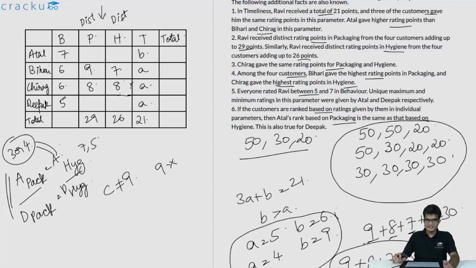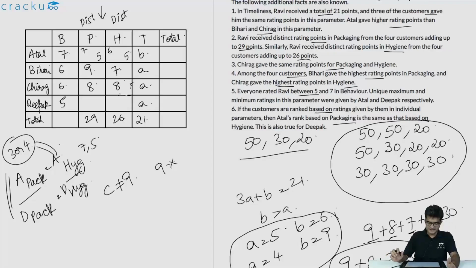Now this would tell us that the rank of Atal, if it is say 3 in packaging, it would imply that he got 7 in packaging, and therefore his rank in hygiene also is 3. So it has to be 6. This is one scenario. Or his rank in hygiene and packaging is 4. This would imply that he got 5 in both of them. These are the two cases that are possible.